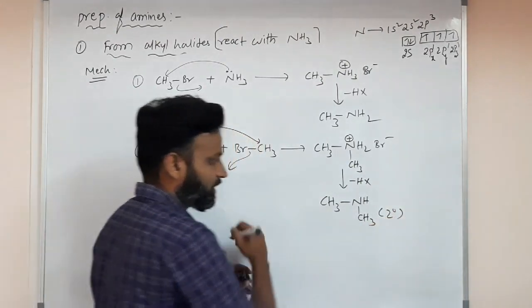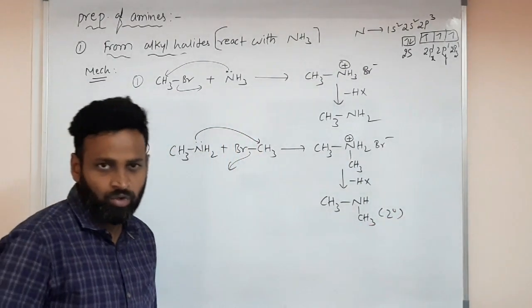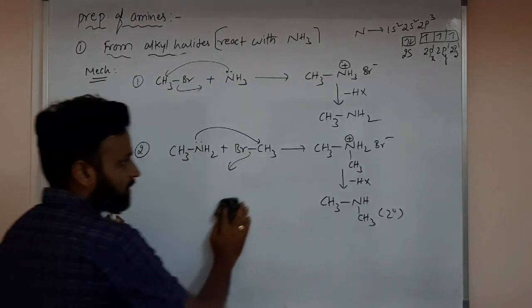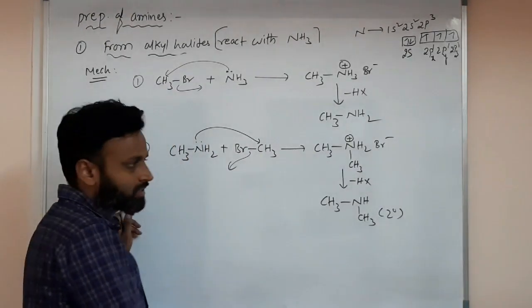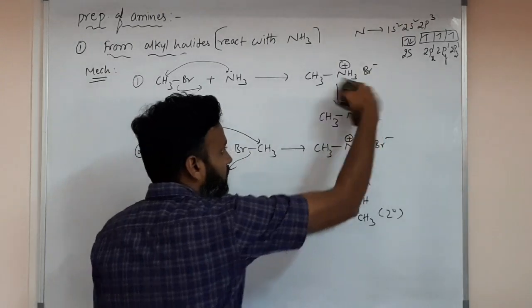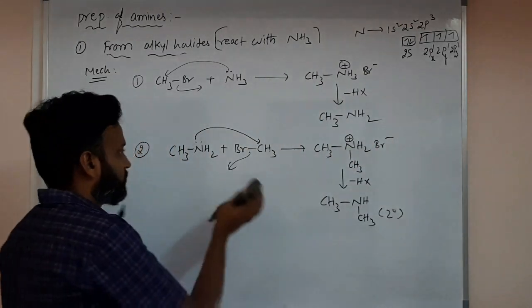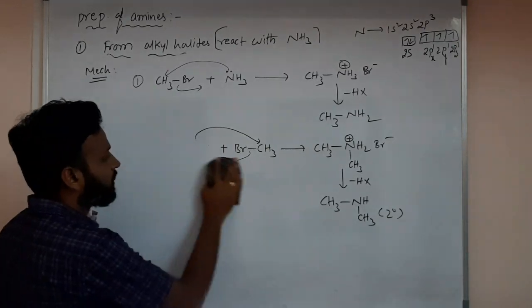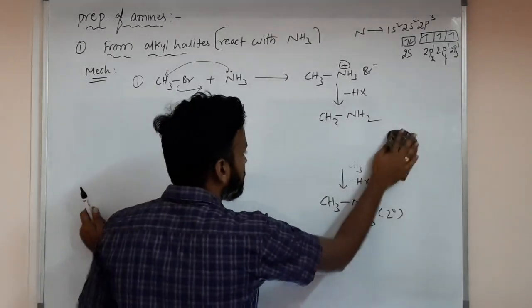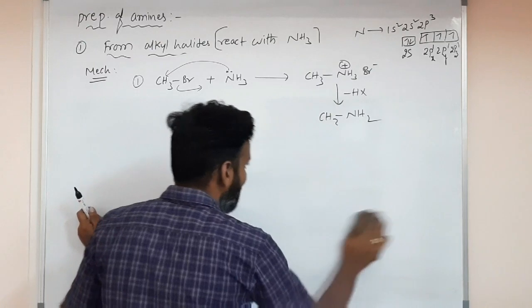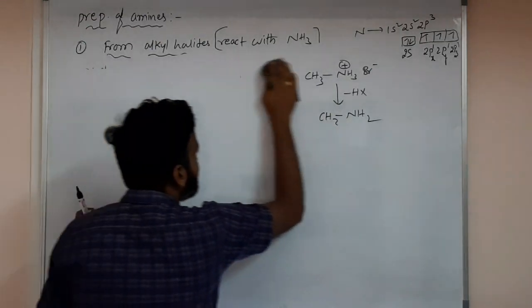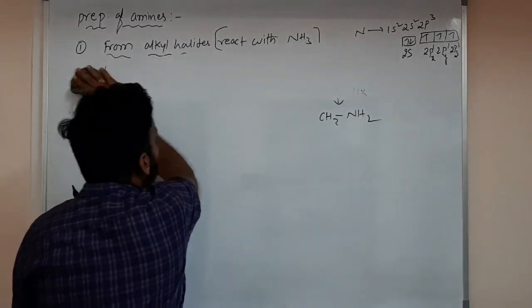The same thing happens for tertiary formation; I won't waste time. Why did I explain this? They may ask what the intermediate product is, and you may get confused if you don't know this. That's why I wrote it. Please write it down.